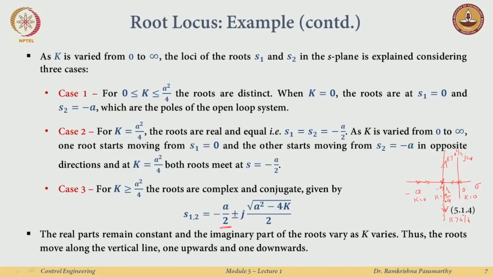What do we observe? For k equal to 0, I am just at the open loop poles. As k increases, both these roots meet up here and they again go away, and they just keep going till infinity. Something nice is happening here.